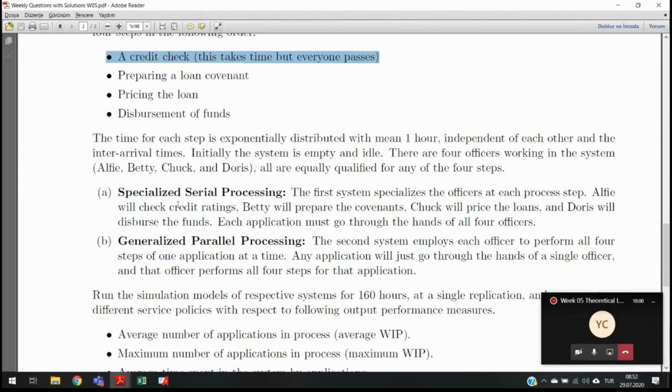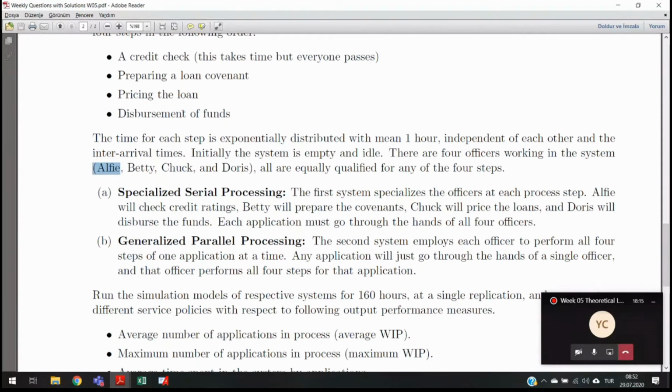So in the second system, we are going to apply these processes as generalized parallel processing. And in the second system, this time each officer here, Alfie, Betty, Chuck, and Doris, are going to be involved with all of these processes for each client.